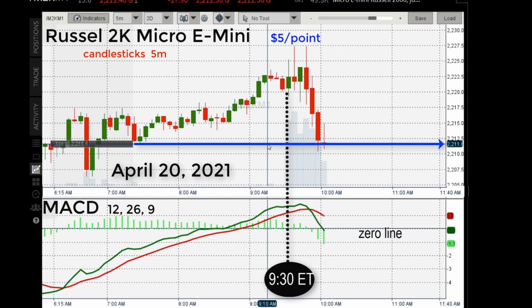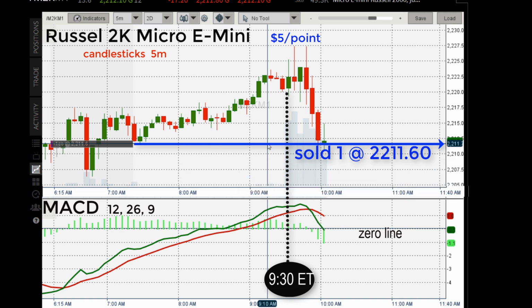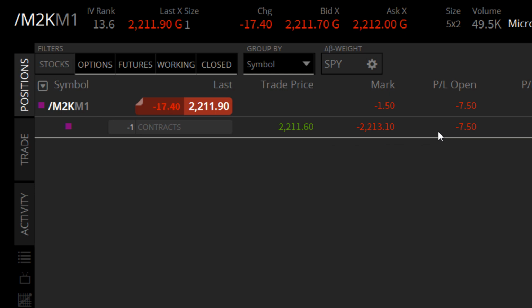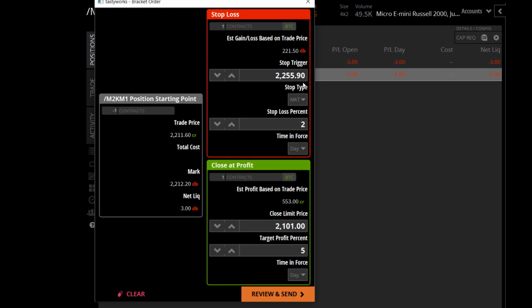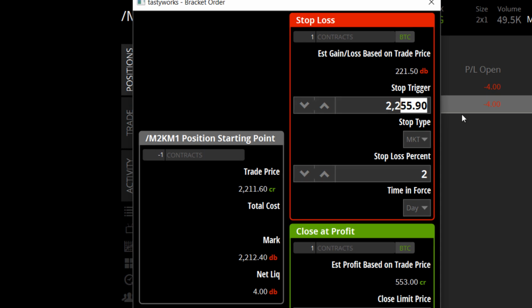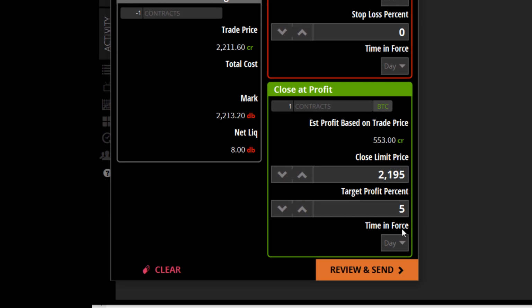Now it's time for a shorter second trade I wanted to bring to you today. April 20th, 2021, I short one of the Russell 2K, and remember that trade's for $5 a point, at 2211.60. Then I go to my positions and find the bracket tab, which brings up my OCO, one cancels the other order, also called the bracket order. 2215 is my stop. A $17 loss is the limit on this.